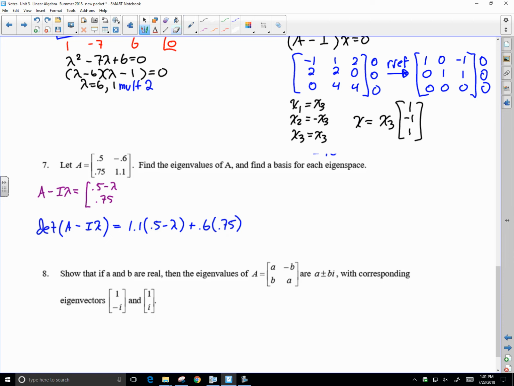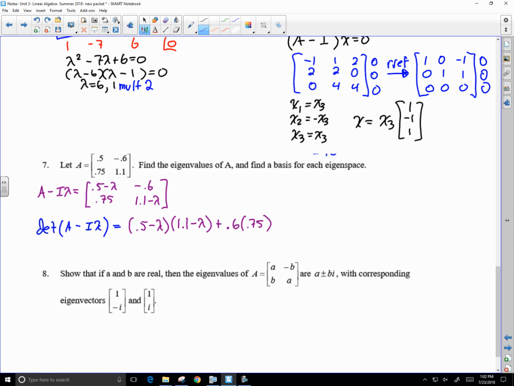I'll just make it look a little nicer. So that's going to change. Well, the second part will be the same, but I have to move it over. So 0.5 minus lambda, 1.1 minus lambda, plus 0.6 times 0.75.